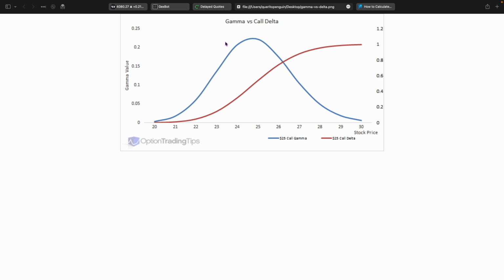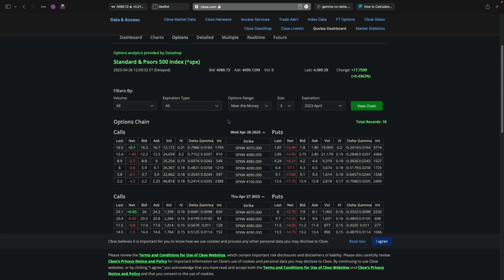Okay, now we're going to make the transition from gamma to gamma exposure. So all of you will remember, hopefully, that when we were looking at this option chain, I was talking about open interest right here, and open interest designates specifically the number of contracts that are left open from the previous day of trading. So typical gamma exposure, all it does is it grabs this open interest, it multiplies it by the gamma, right?